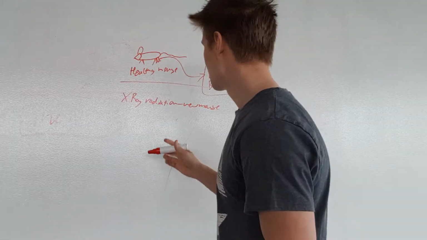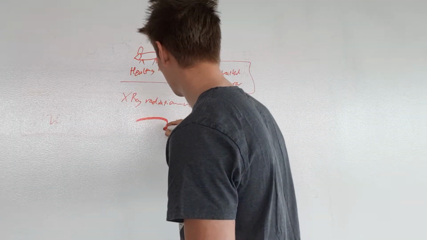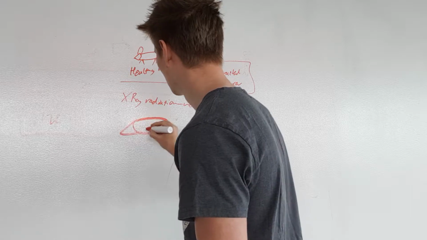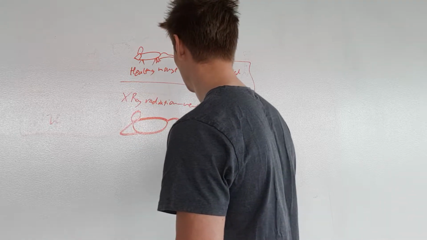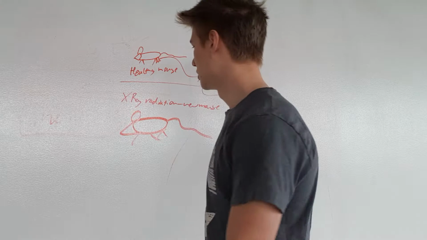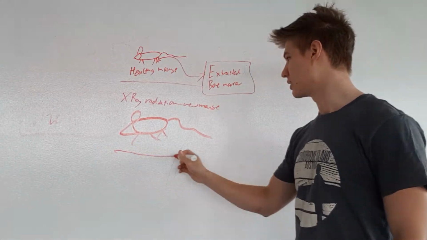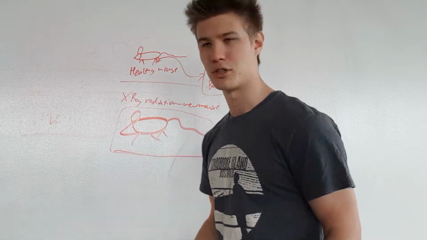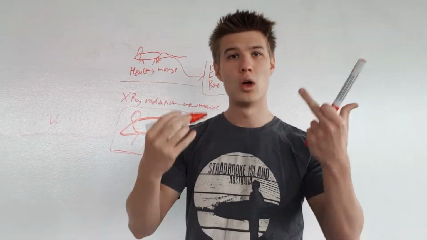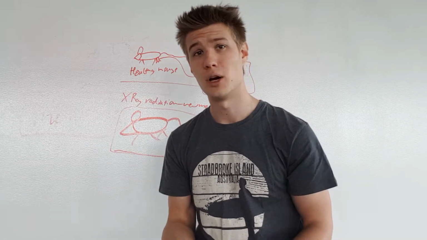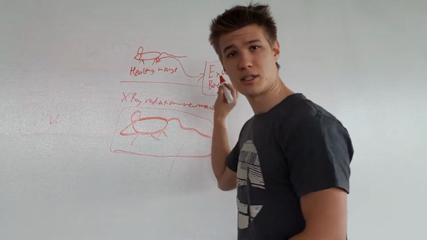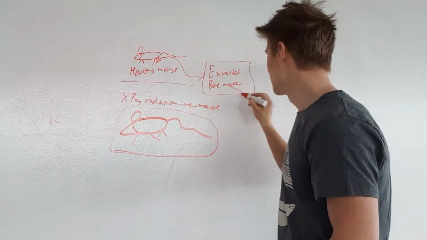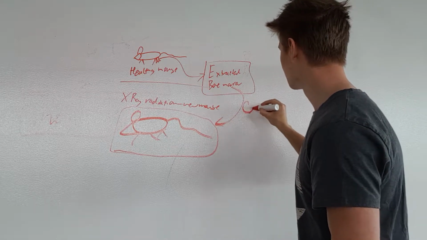The second mouse, and I'm going to draw it more poorly this time. So this second mouse here is being used as a living petri dish to grow hematopoietic stem cells in. So we're going to grow this first mouse's cells in this second mouse.